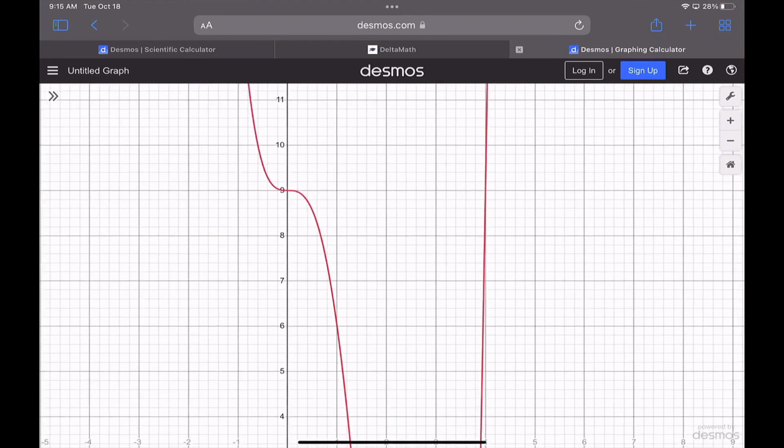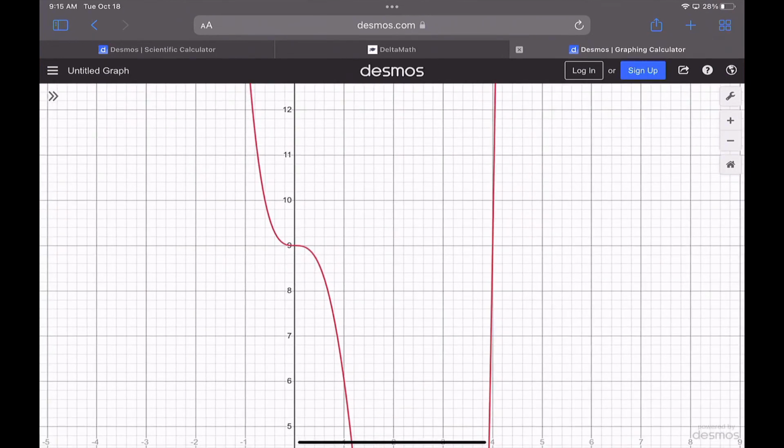See, there it is, the hiccup at 0. When x equals 0, the little hiccup, it decreases, hiccup, keeps decreasing, and then at 3, it goes back up.